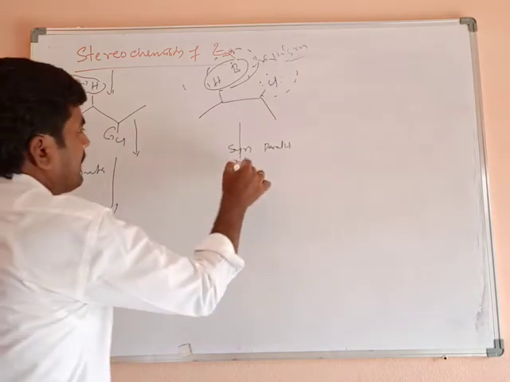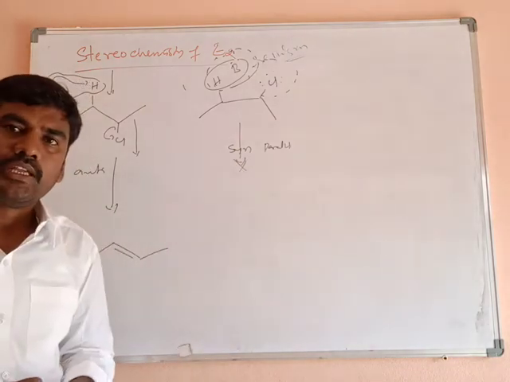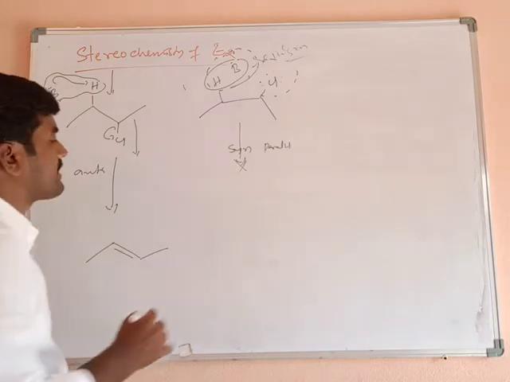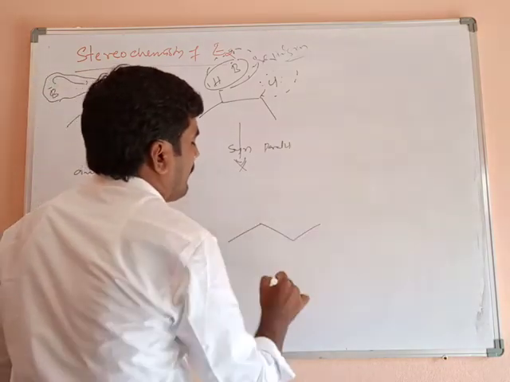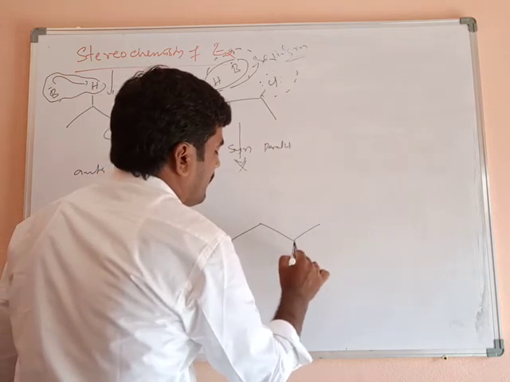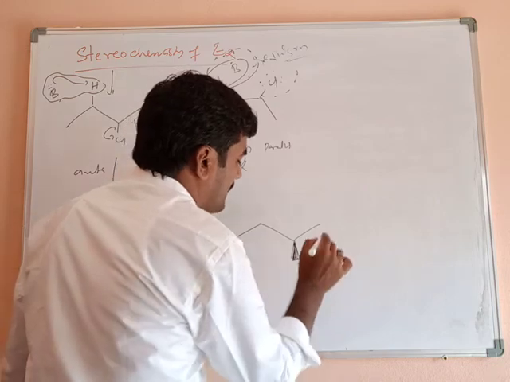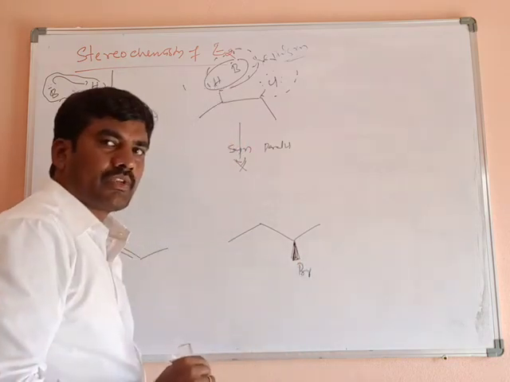What about in this case? It is unable to approach the carbon atom. For example, anti means halogen present on a wedge bond. For example, bromine present on a wedge bond. Clear?